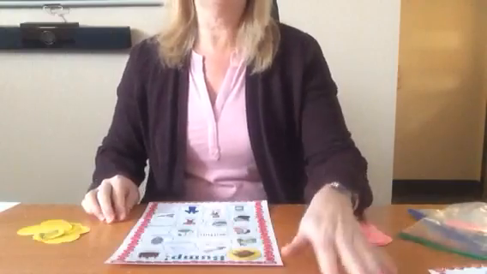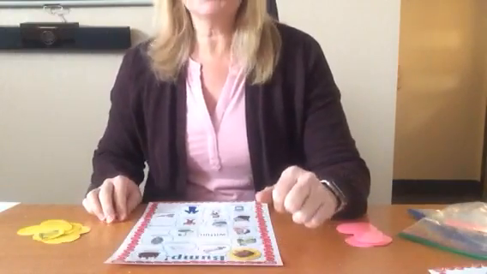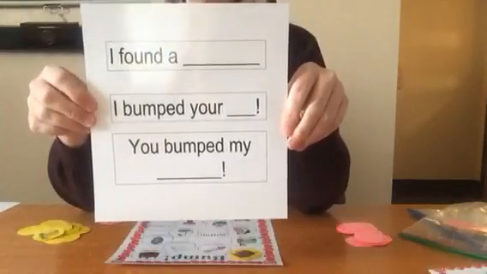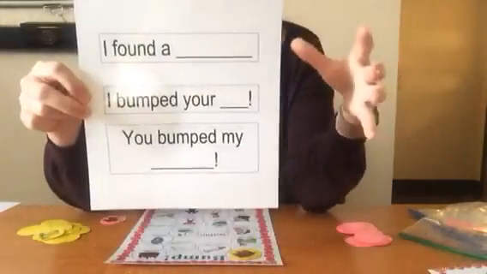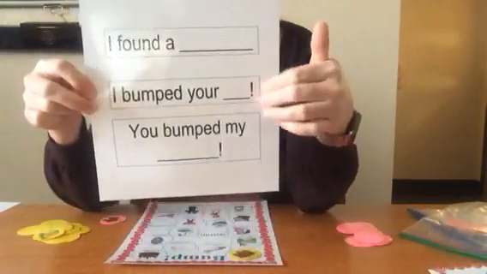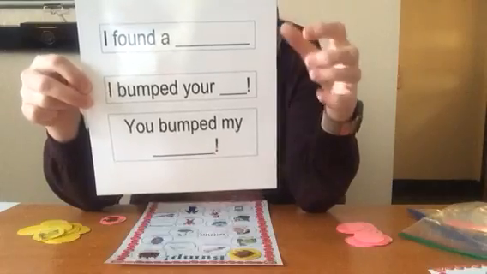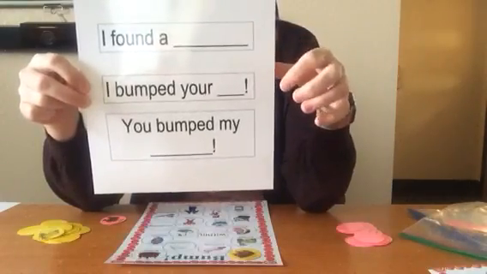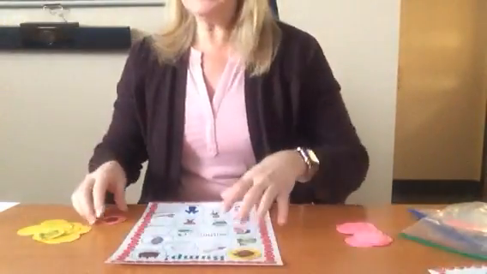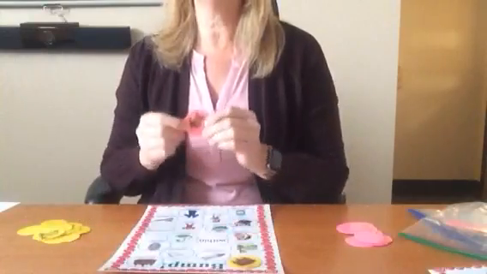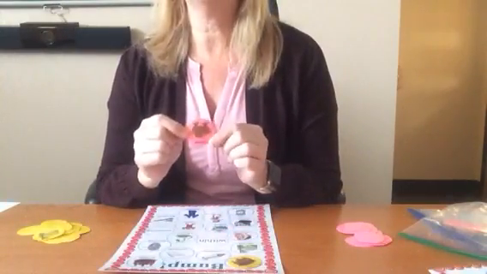And then the other person could say, "Hey, you bumped my wealthy." There are these sentence frames to help guide that if they forget. It's a nice, easy visual way to expand the sentences that they're using while using their target sounds. The idea is to get as many of the opposite player's colors as you can.